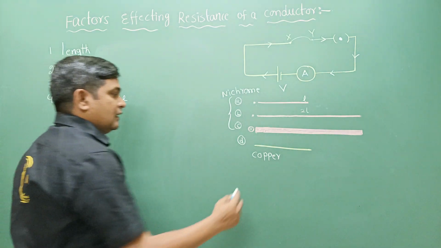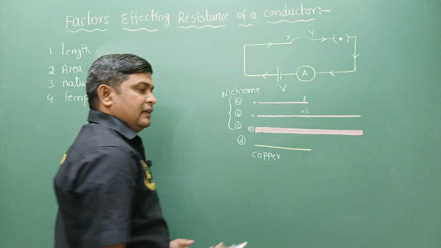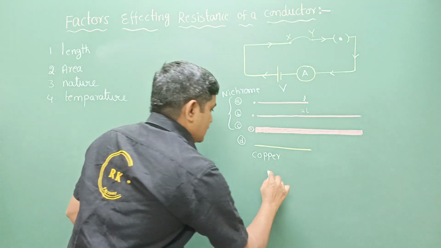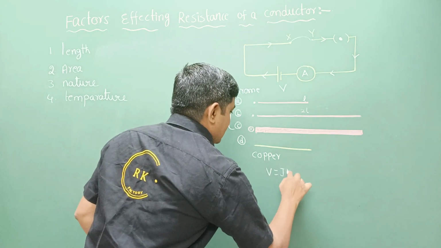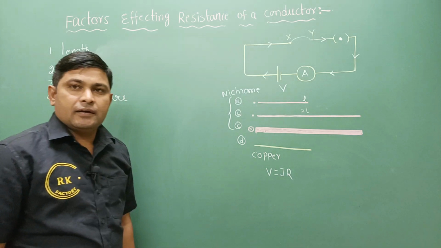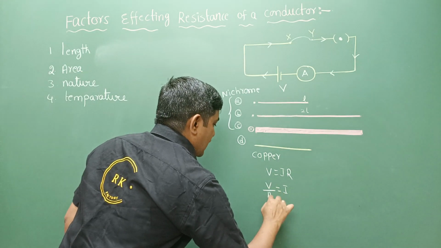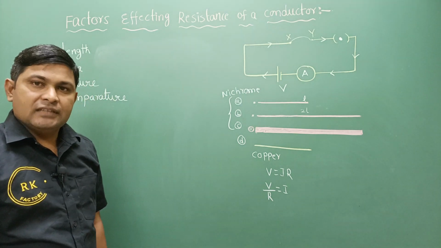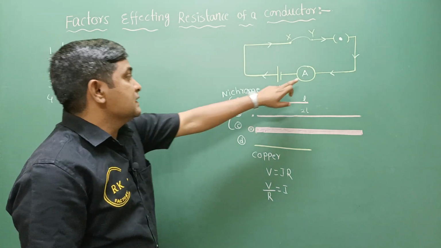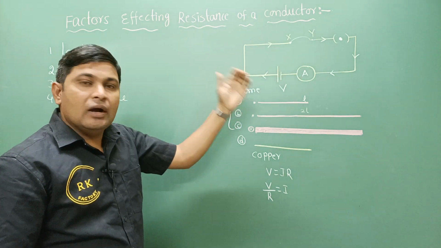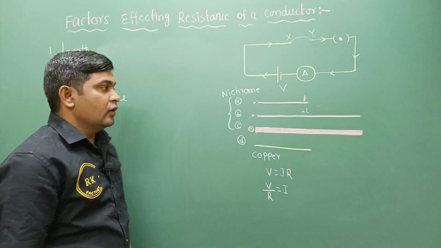Because we know that voltage, current and resistance are related. That relation is given as V equals IR. If I is changing, you can find what happens to R. That's why we are talking about how the current is changing in the circuit, to know about the resistance.